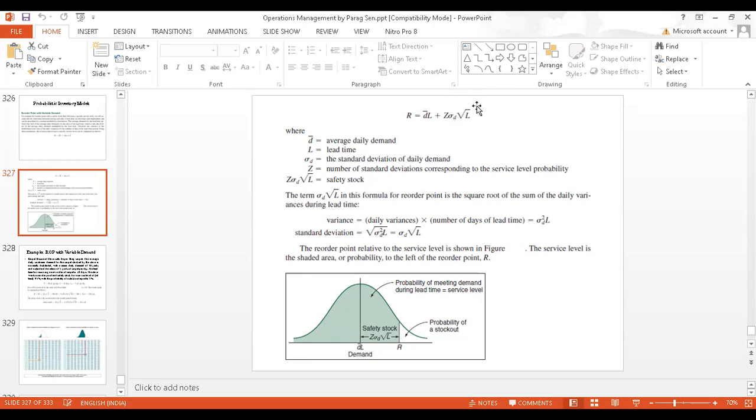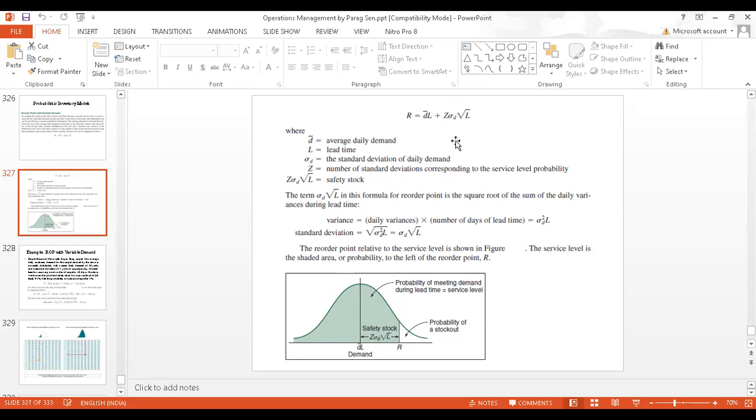The entire lead time standard deviation is given by sigma D into root L. So basically this is the standard deviation, sigma D into root L, and this is your Z. So Z into the standard deviation is what you are actually doing when you are calculating or determining the safety stock.